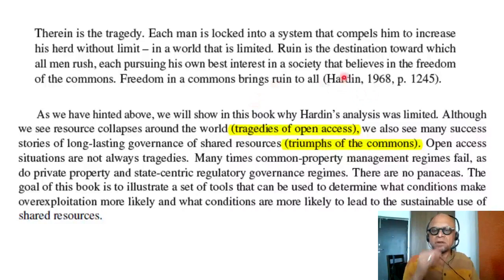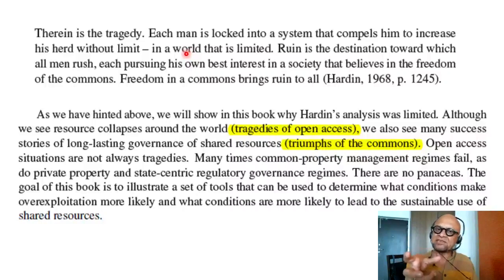So this paper, according to this book by Andrees and Janssen, actually misrepresented the tragedy of the commons. It's really the tragedy of open access. The metaphor used by Hardin, not Hadrin, sorry about that, is that he imagined a pasture that's shared for grazing by a number of herders, who can buy as many sheep as they want and graze over the land that is shared by all.